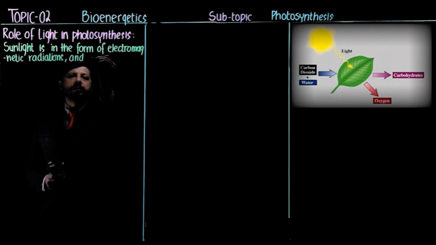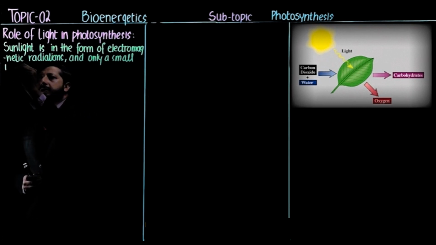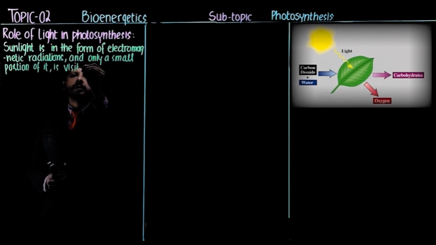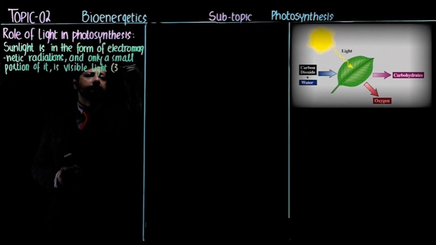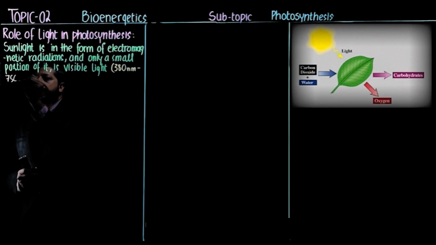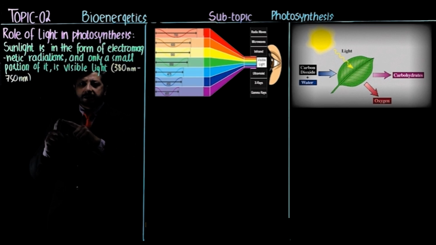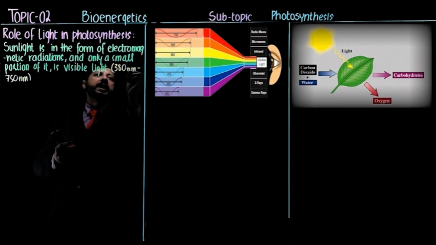And only a small portion of it is visible light, that ranges between 380 nanometers to 750 nanometers. So that is a very small portion among the whole radiation which is coming from the sunlight. So its nature is electromagnetic.